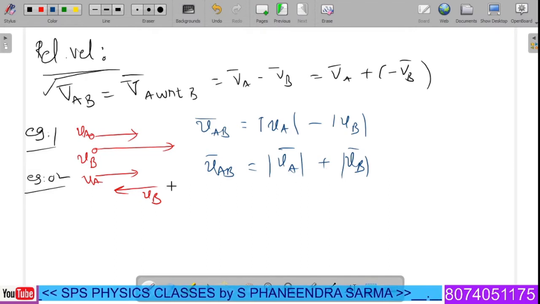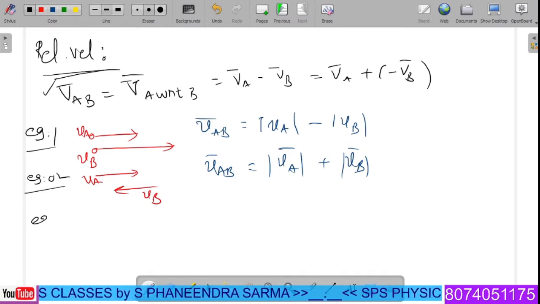Minus of minus becomes plus, because look here, VB is minus. In VA minus VB, motion in the forward direction is positive, but VB is going in the reverse direction, therefore one more minus is written here. So minus of minus gives you plus for opposite direction.